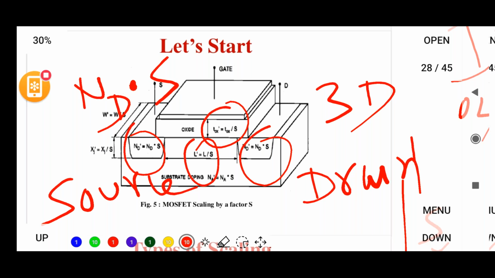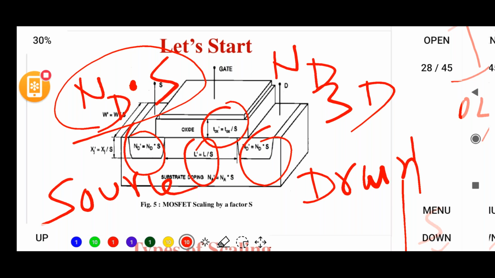That's why here ND multiplied by S, and on the drain side, this value is also ND multiplied by S. You have to care about this point if you go for the scaling technology. Okay, so that is fine, there is no issue. This is a device. I have shown the parameters. What are the parameters you have to reduce at the transistor level or the device level? One parameter is 2x.